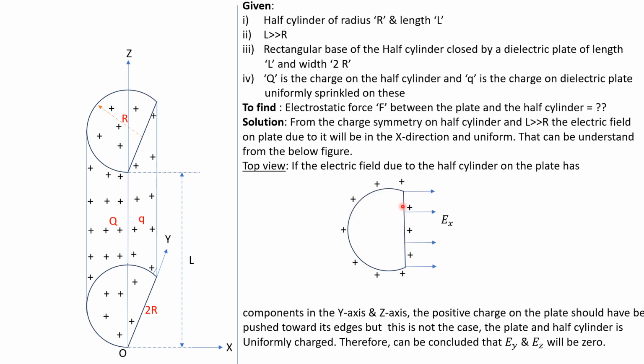In the question, it is given that the charge q has been sprinkled uniformly on the dielectric plate. So it means that along the y-axis and z-axis, the components of electric field due to the half cylinder on the plate will be 0. So all the components of electric field will only be in the x direction. This is one way.